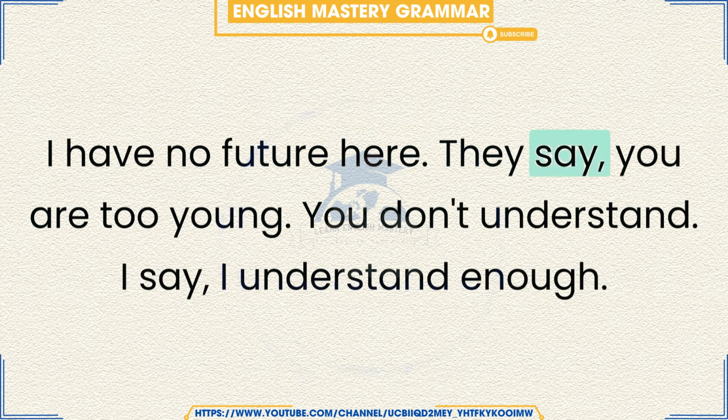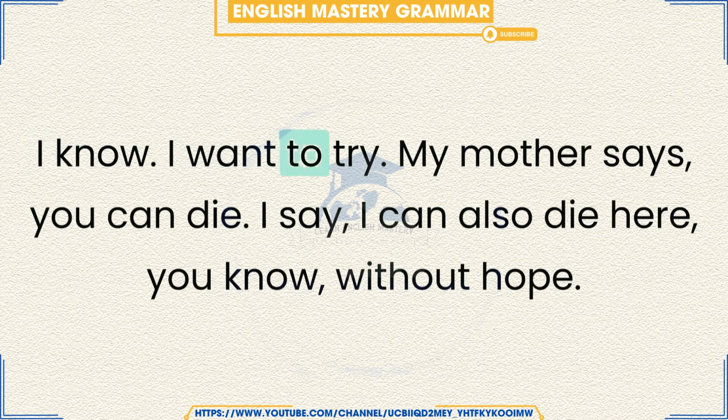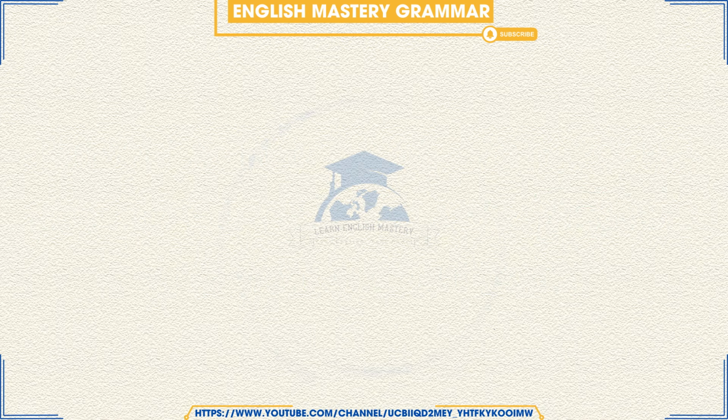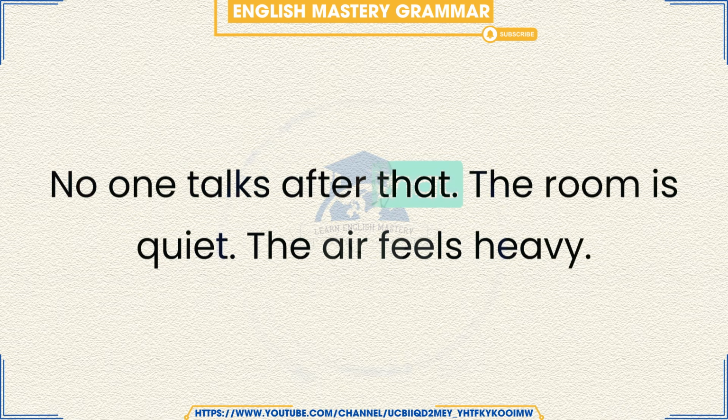They say, you are too young. You don't understand. I say, I understand enough. I know I want to try. My mother says, you can die. I say, I can also die here, without hope. No one talks after that.